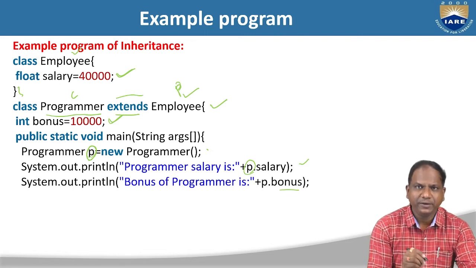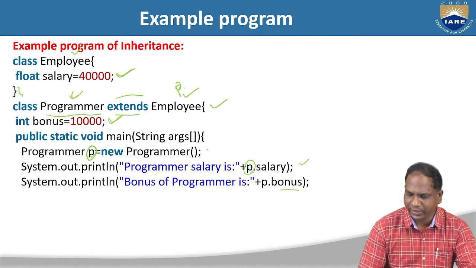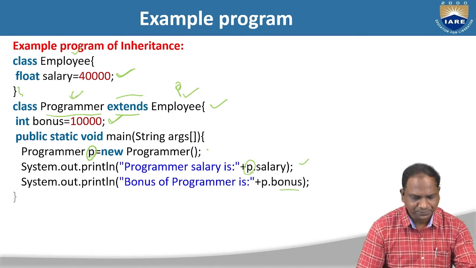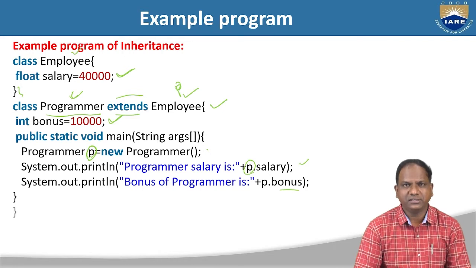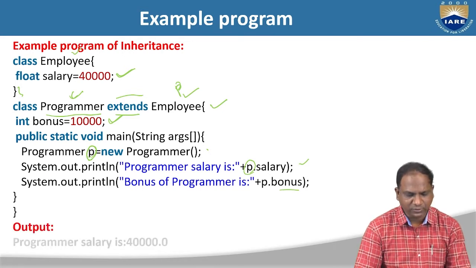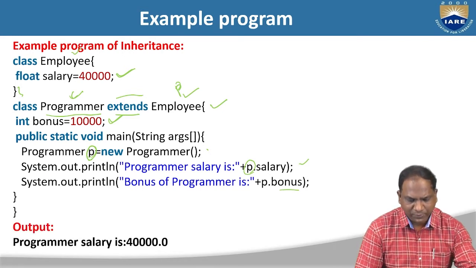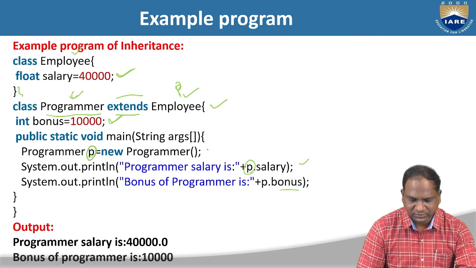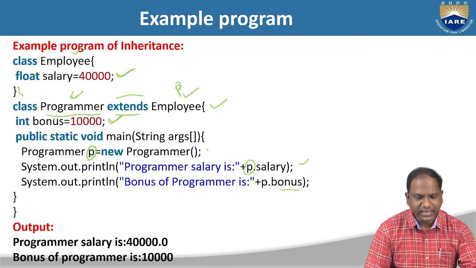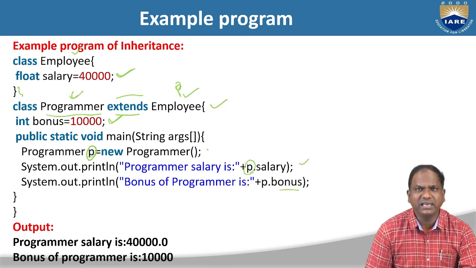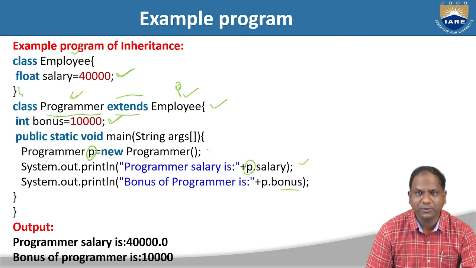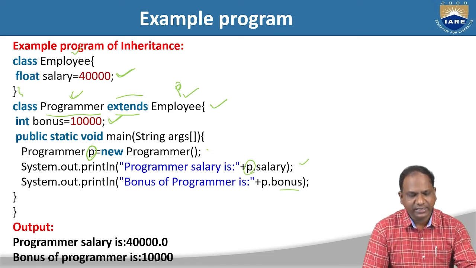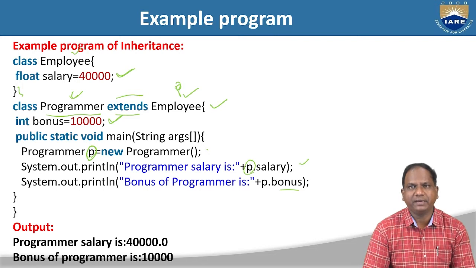You are creating a new class, that is Programmer, from the existing class Employee. Then close the main method, close the class, and now the output. So the employee salary, programmer salary, bonus, it will print. So like this you can create. It's a single inheritance concept. There the Programmer will be a child class, Employee will be a parent class.